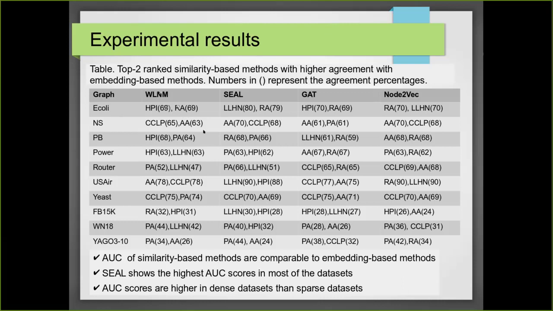And this actually opens up the black box problem. So we can guess from this table what kind of heuristics the embedding-based method learns from a graph. I'm so sorry, these texts are actually not right.